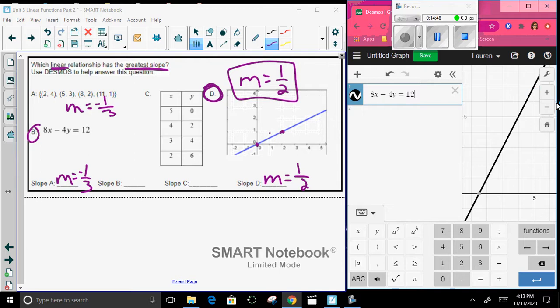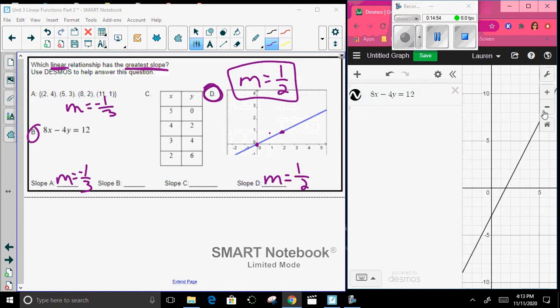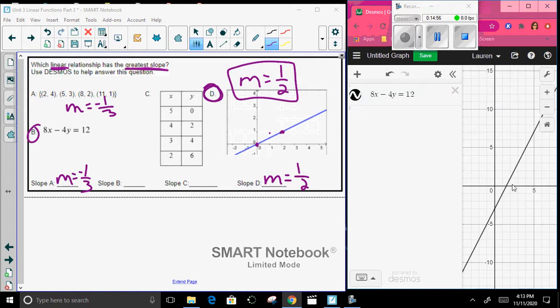All right, I got 2 points there. You notice how I didn't fully see this x-intercept, but I plugged it in there and it's 1.5 and it tells you. So the y-intercept is -3, the x-intercept is 1.5.